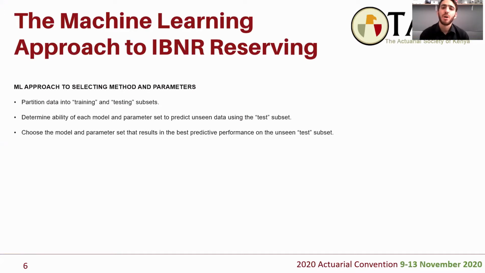You would then fit your model and chosen parameter on the training subset and then assess performance on the testing subset. And this would give you a list of your models and the parameters and the associated performance of that model and parameter on the testing subset. And you would simply then, from this list, choose the model and parameters that result in the best predictive performance on the unseen test subset.